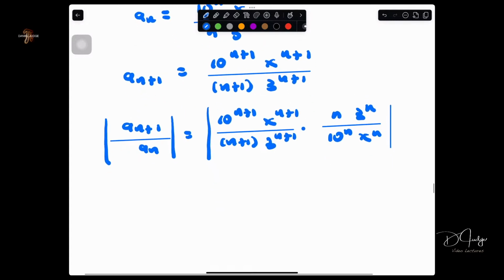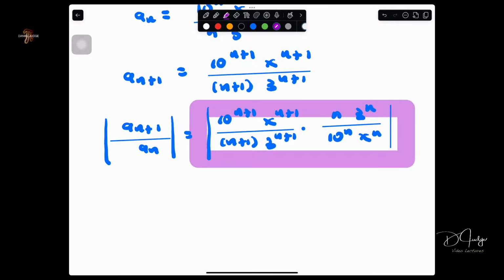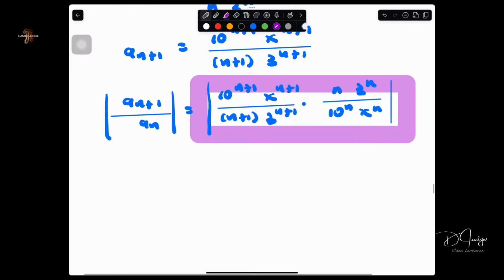You're essentially using some beginning algebra and a few properties of absolute value, and then the limit. So, okay, 10 to the n times 10, x to the n times x, and down here, 3 to the n times 3. Okay, we can do more.